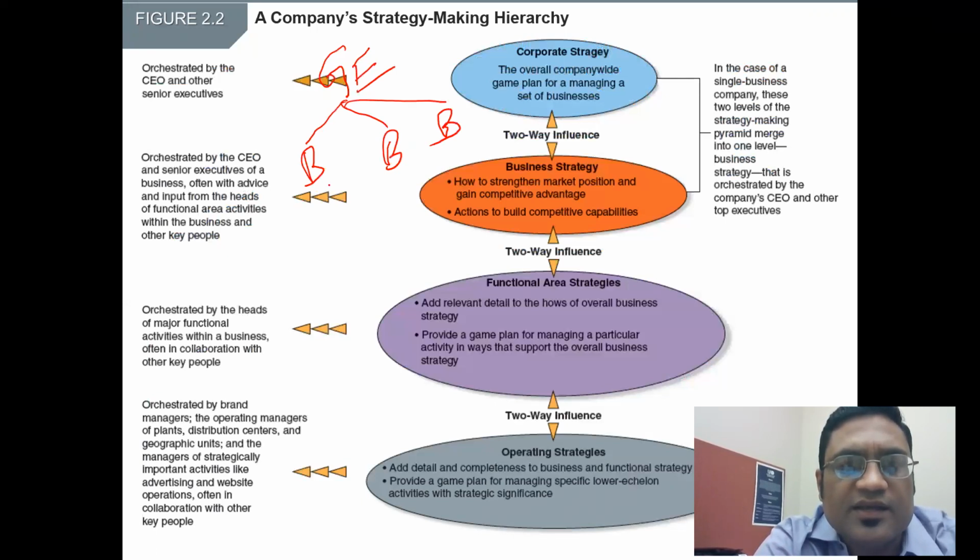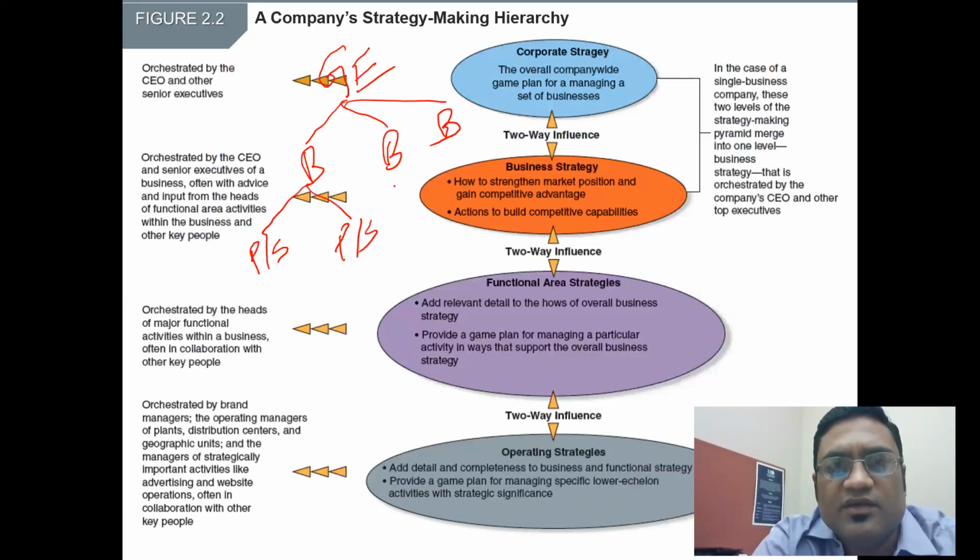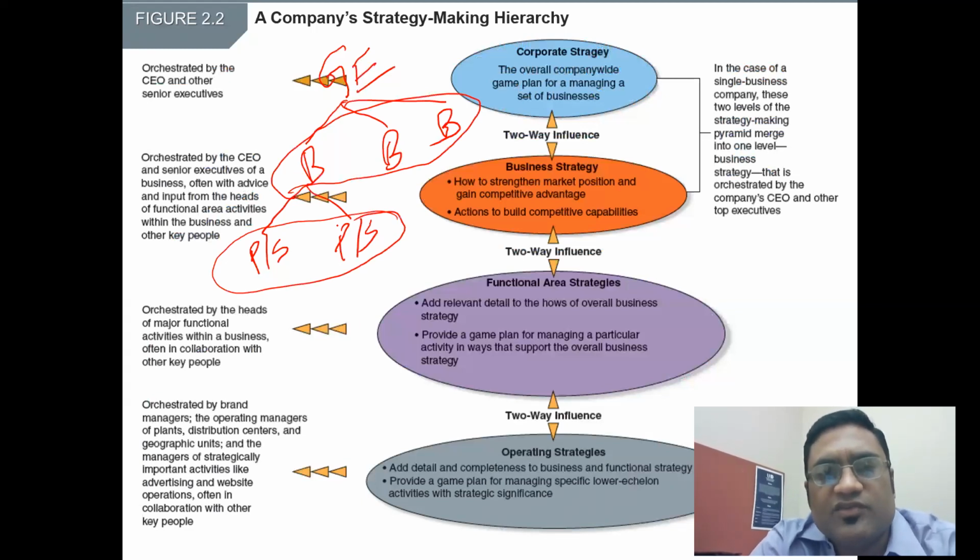So GE Finance, GE Consumer Electronics, GE Energy could be different businesses, and products and services under those would come under the business strategy. GE's corporate strategy is what kind of businesses it should be in. The business strategy is what kind of products and services it should be in. And then functional area strategies are based on functions: marketing, finance, and so forth.